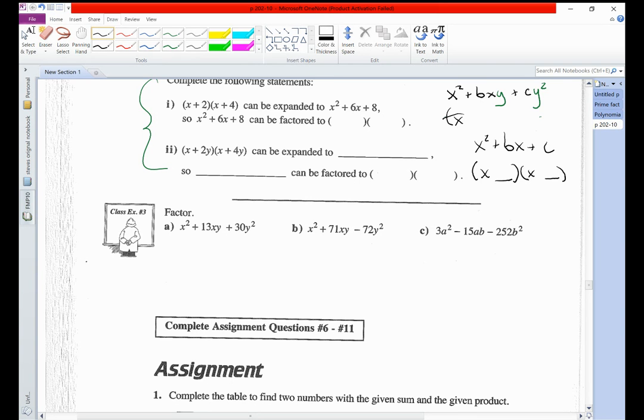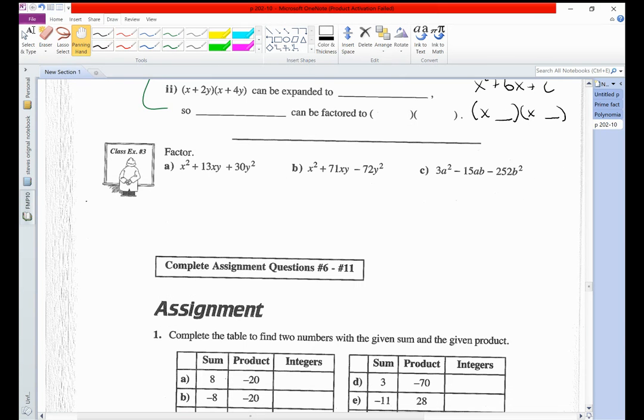So let's go down to example A here. You can see that we have an x squared and an x and a y squared. So now we're going to factor it with the same process. I'm going to break that into two factors, except our first term is going to have an x.